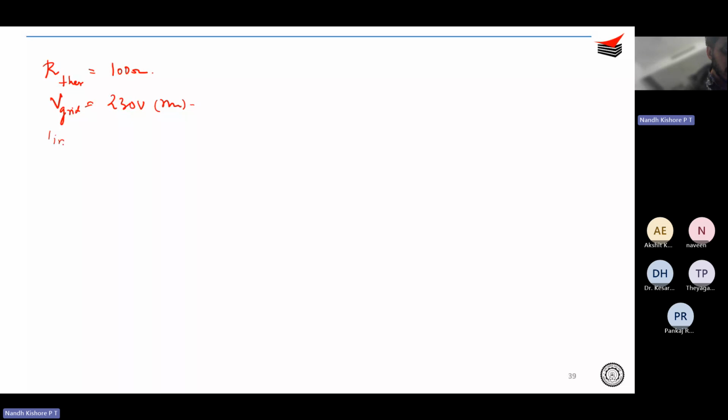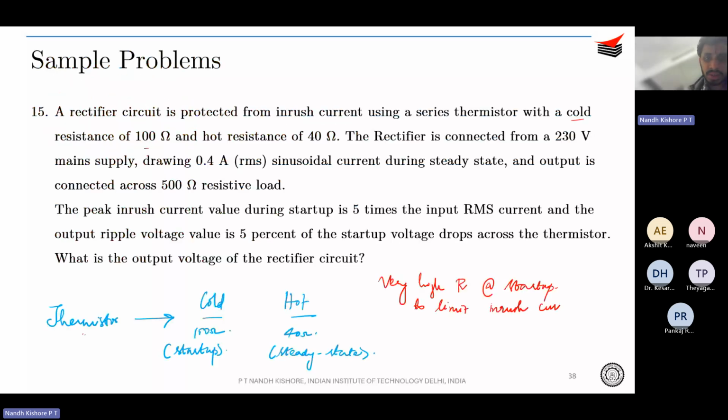Your IN during steady state is 0.4 amps RMS, sinusoidally. And what have they given?